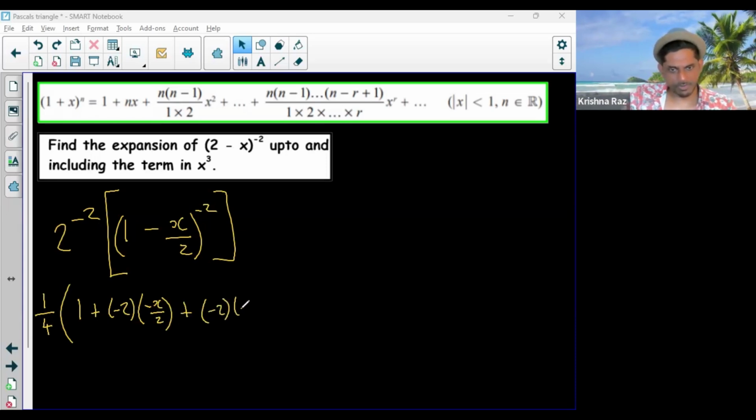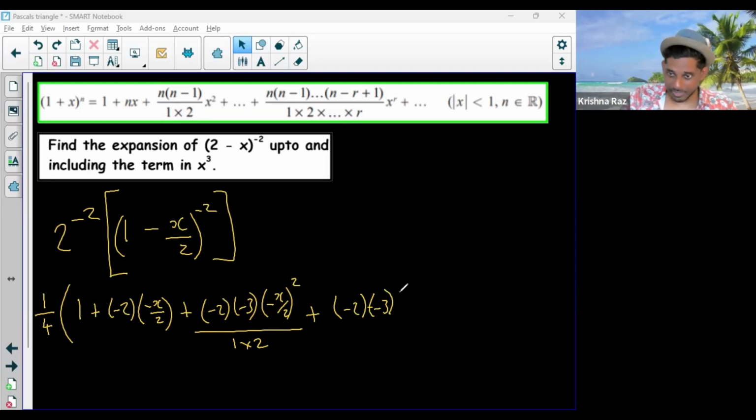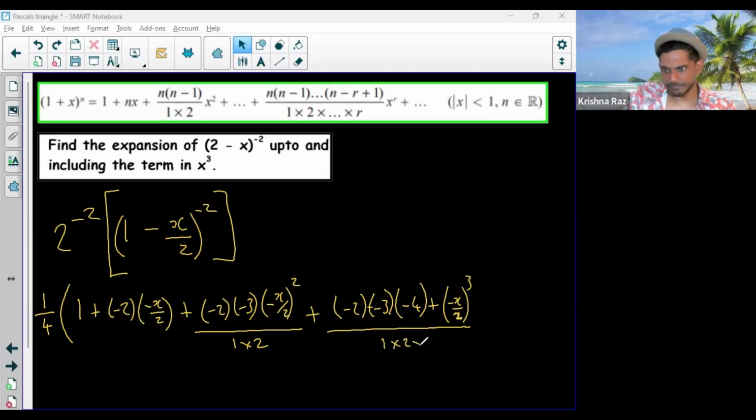So minus 2 times minus 3, x to the power of 2, all over 1 times 2, plus minus 2 times minus 3 times n minus 2. So we have n minus 1, n minus 2, plus x over 2 cubed, all over 1 times 2 times 3.